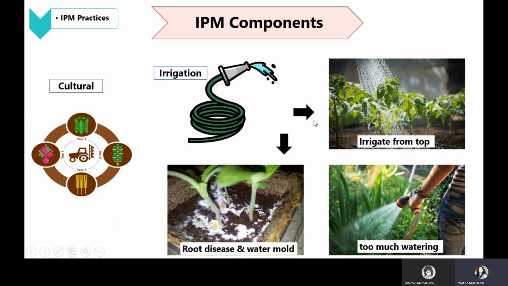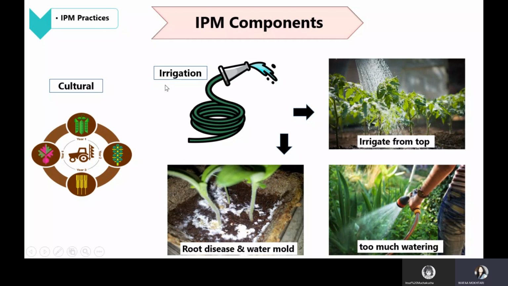The cultural practices are agricultural practices that you may use in your field, greenhouse, so that your culture will be healthy enough to not get a disease. It may be simple practices that almost everyone is doing, but sometimes they are not doing it well.